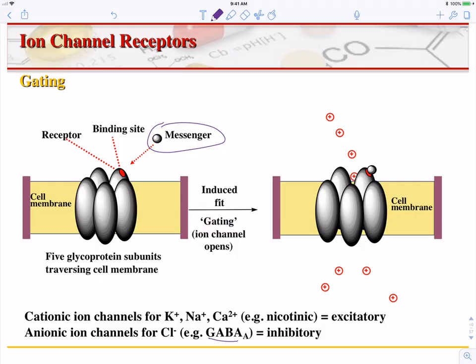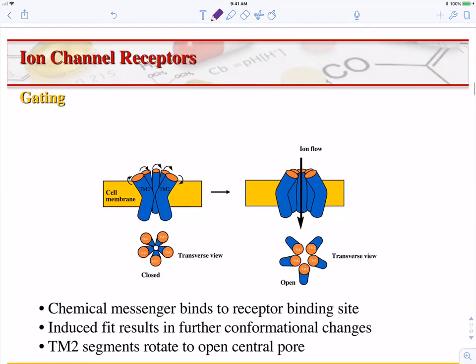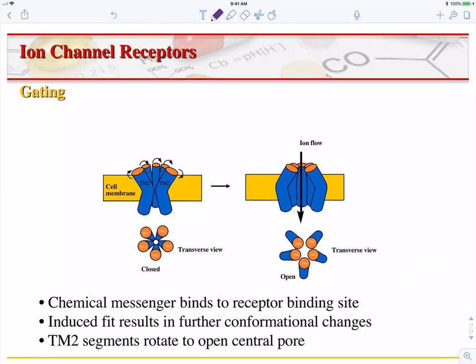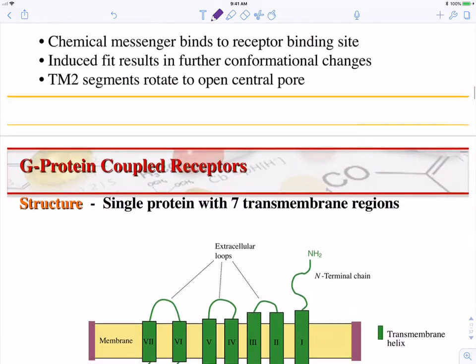So again, upon binding of the messenger, we have gating, so opening of the channel, and free flux of the ions across the concentration gradient, from more concentrated to less concentrated. This is a more detailed cartoon of what happens exactly and how these transmembrane helices change their conformation slightly by rotation to allow for passage of the ions.